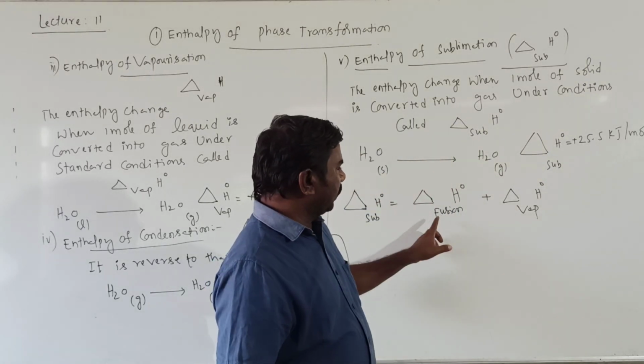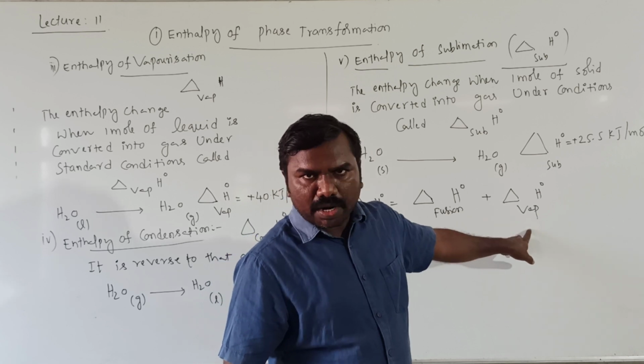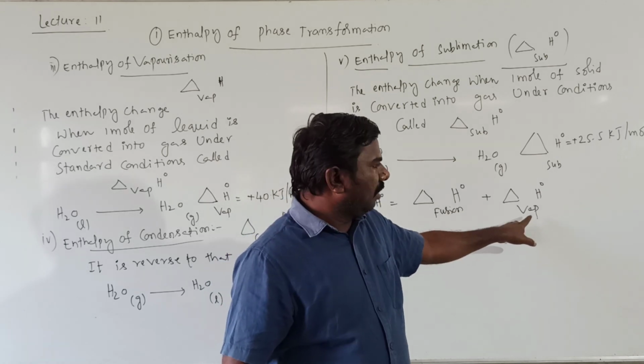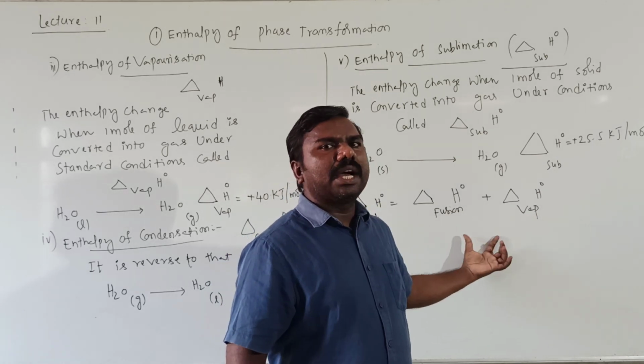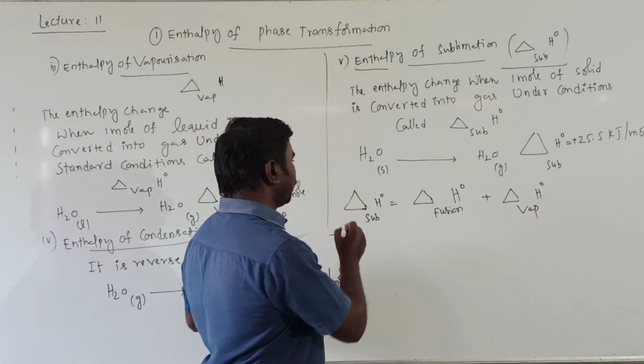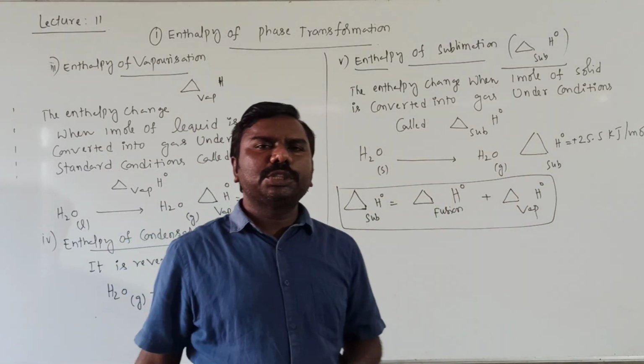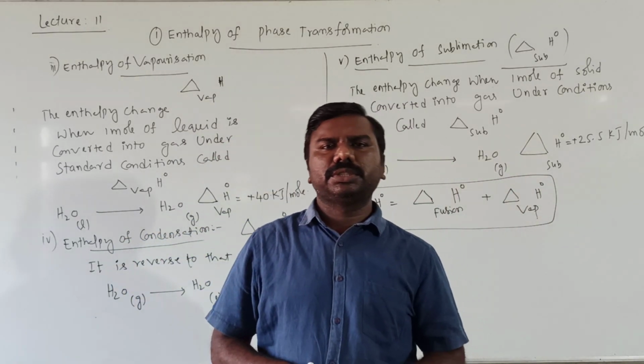Correct? First solid converted into liquid is called fusion, liquid converted into gas is called vaporization. If you consider both, then you get sublimation. Sublimation is nothing but fusion plus vaporization.